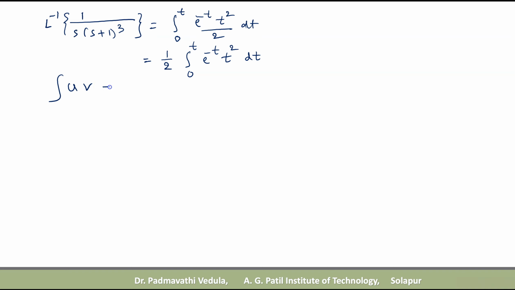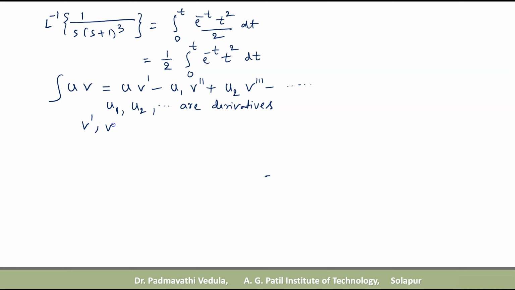Here the integration of UV equals UV1 minus U1 V2 plus U2 V3 minus and so on. Here U1, U2 and so on are derivatives, and V1, V2, V3 are integrals.